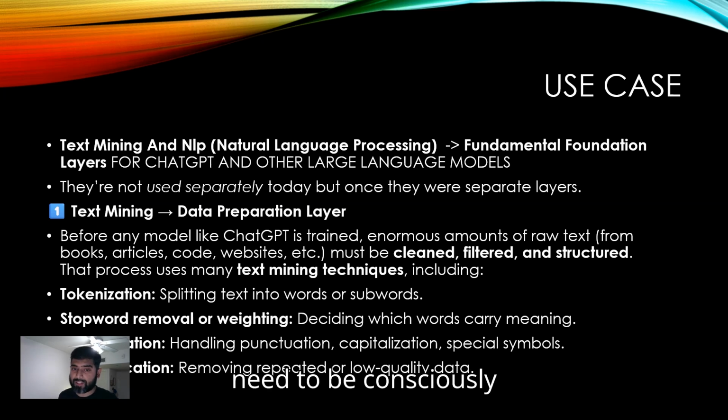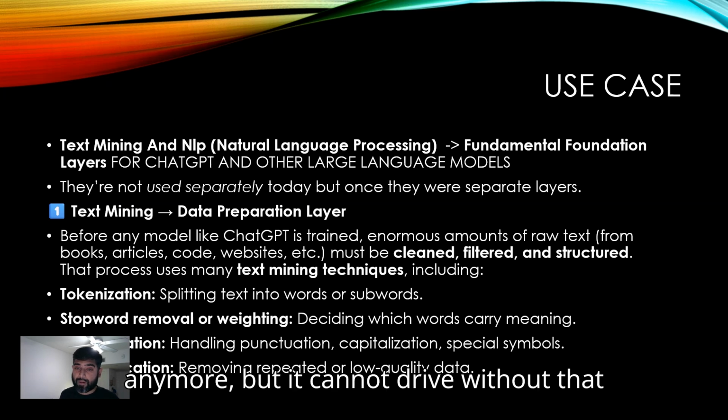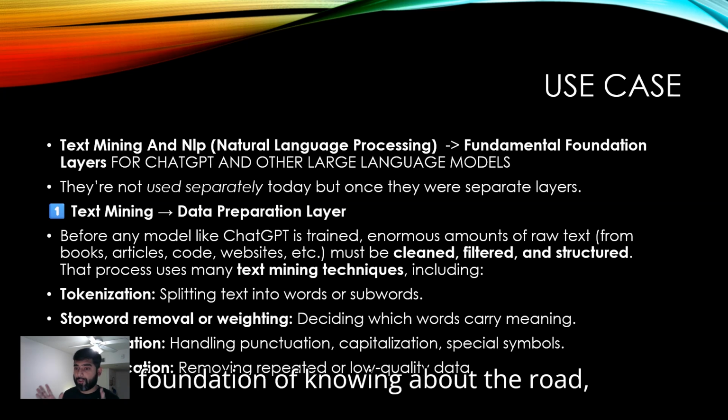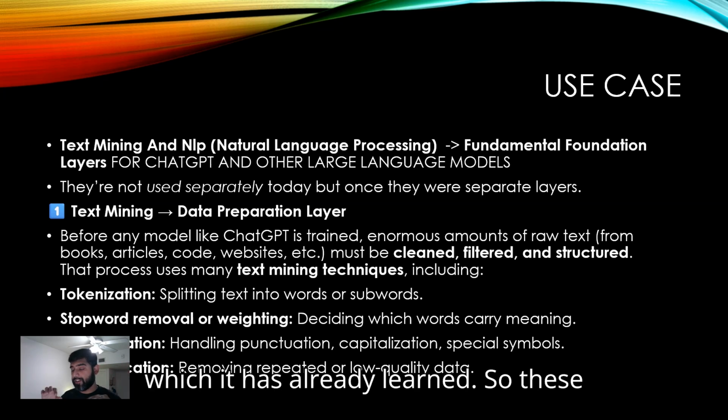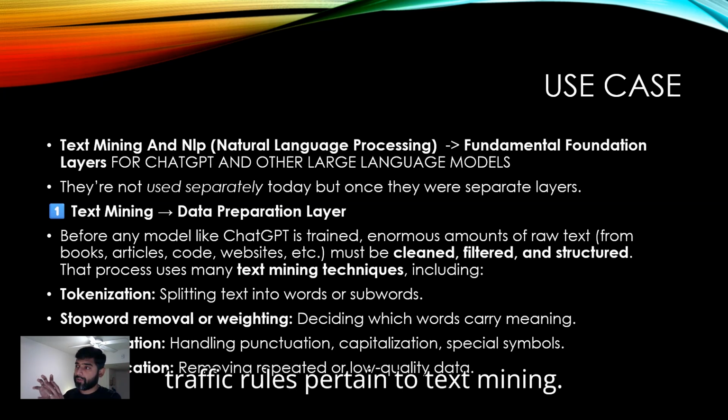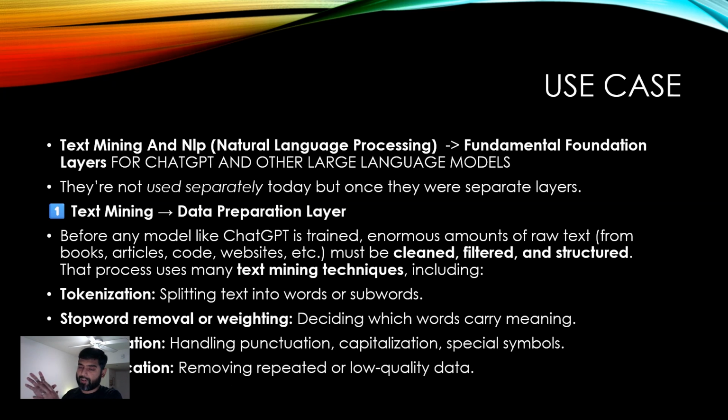It does not need to be consciously thinking about all these stop signs anymore, but it cannot drive without that foundation of knowing about the road, knowing about those traffic rules, which it has already learned.